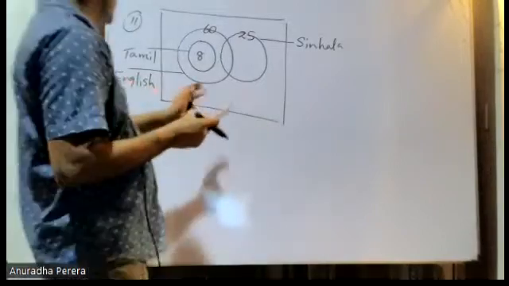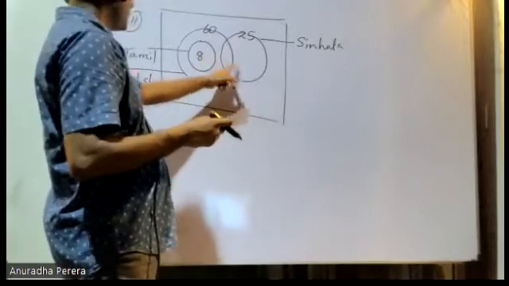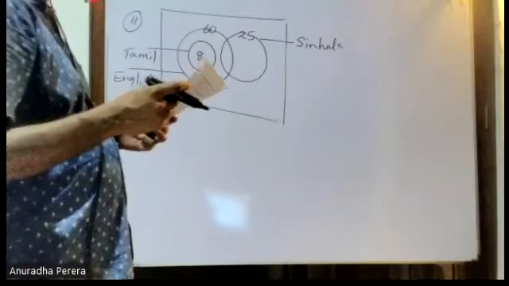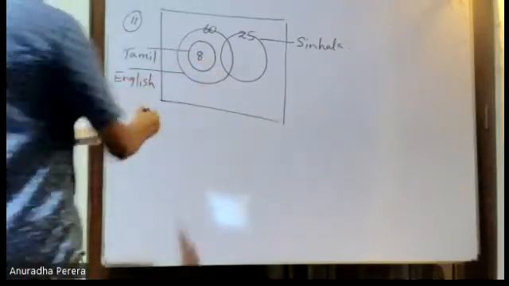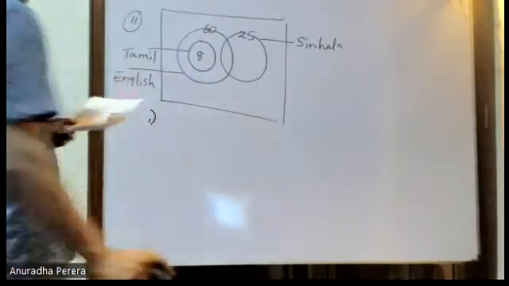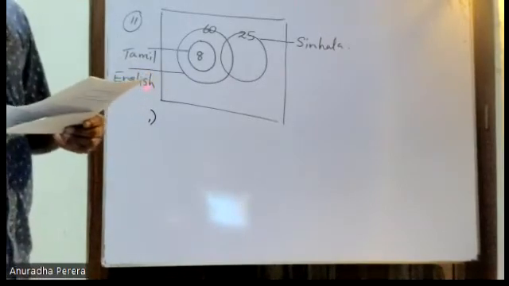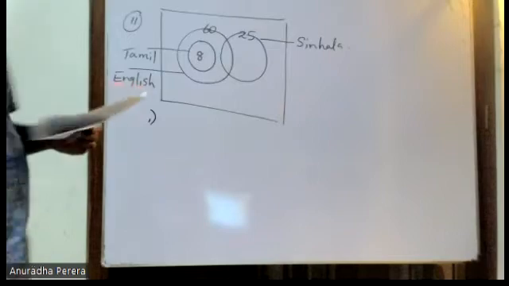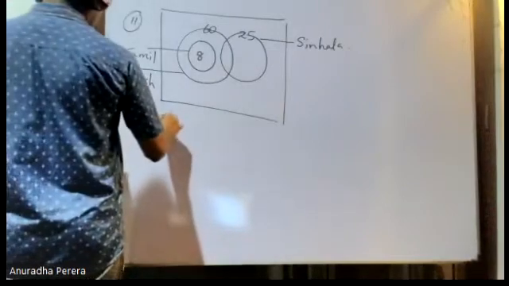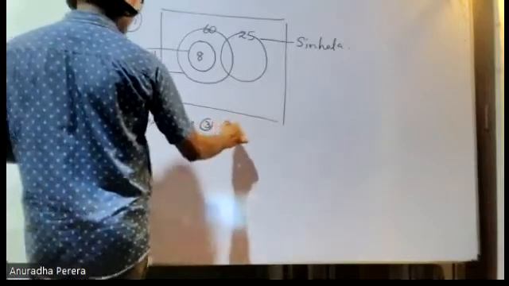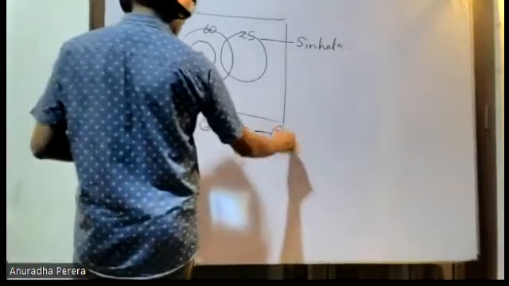That means no intersection of Tamil and Sinhala. The first question: copy the given Venn diagram and name the 3 sets. Name the 3 sets, 2 marks.